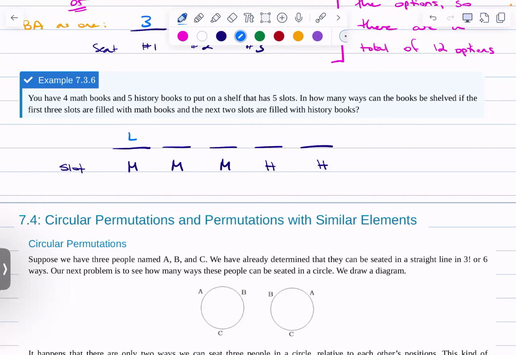So you start with 4. And then you've used 1, so then you have 3, and then you have 2. Now you can move on to your history books. You've got 5 to start with. 5, and then you've used 1, so then you have 4. Four times 3 times 2 times 5 times 4 is 480.